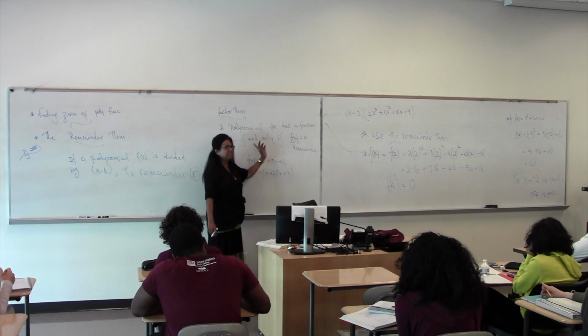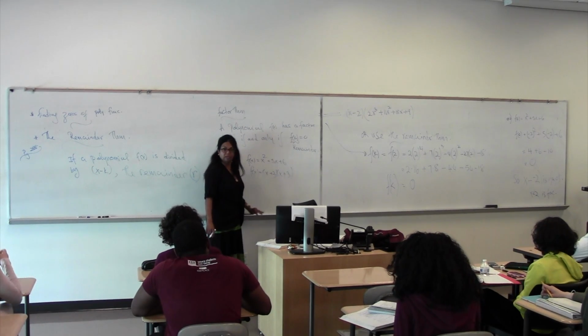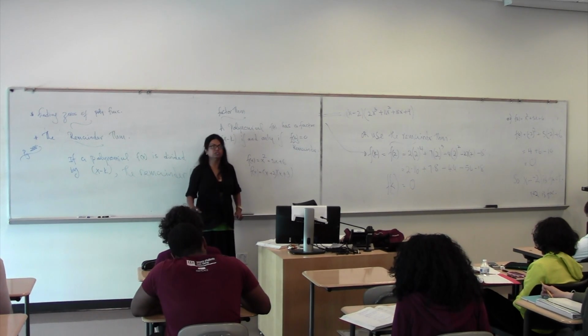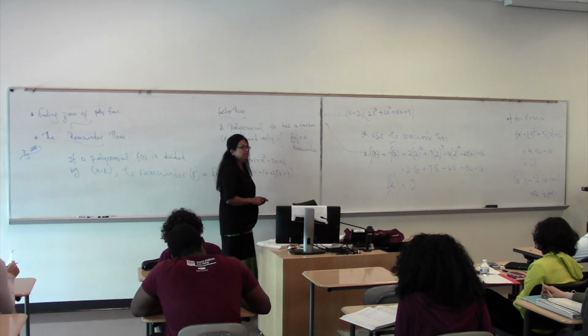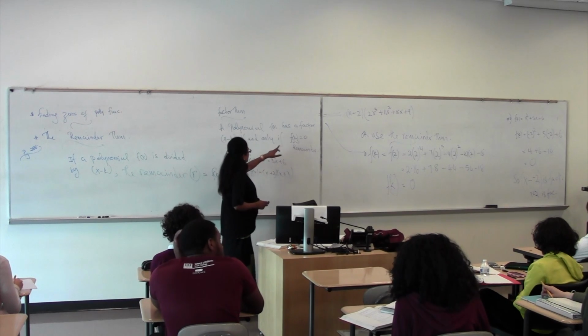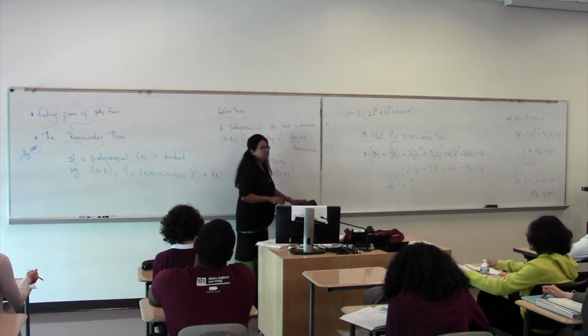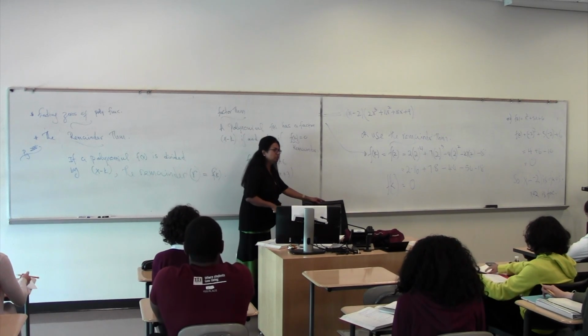Anything else, we are not getting 0 for the remainder if you evaluate. So remainder 0 means it is a factor. x minus k is a factor when f of k is 0. So remainder theorem and factor theorem go together.